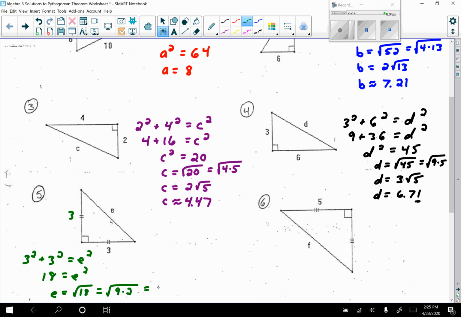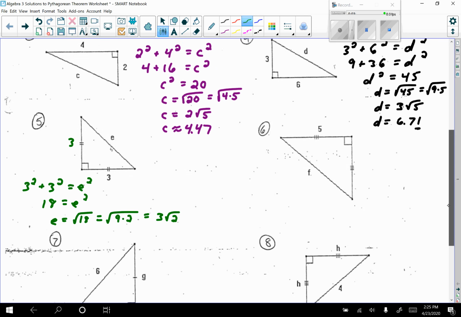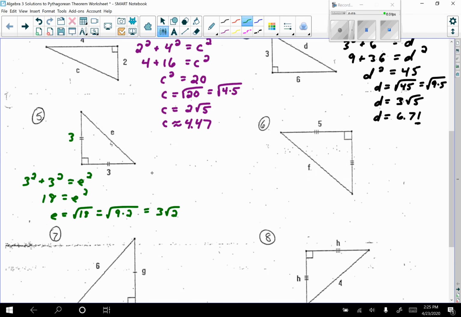So the exact value here is 3 radical 2. The approximation of the square root of 18, I'm going to write it over here, so e is approximately 4.24. So again, this is the exact answer. This is the approximate.